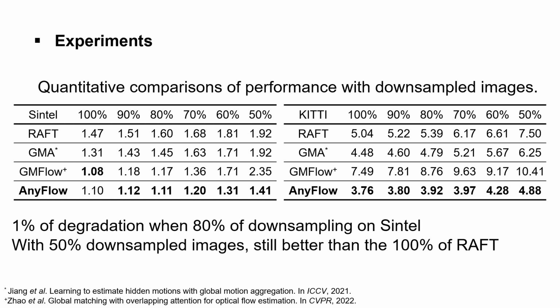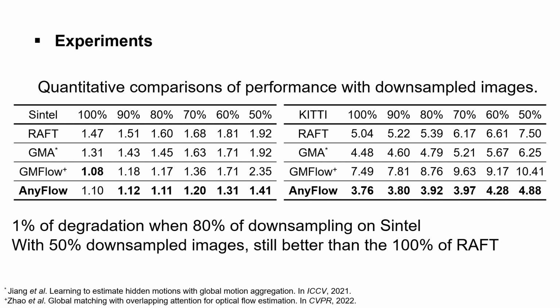In this table, we quantitatively compare robustness to image downsampling with the recent methods. We used end-to-end point error as the evaluation metric, which computes the L2 distance between predictions and ground truths. During the inference, we feed input to the network as downsampled images by multiple scales from 50% to 90%.